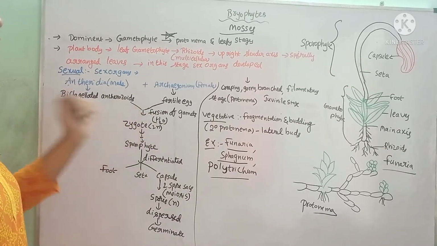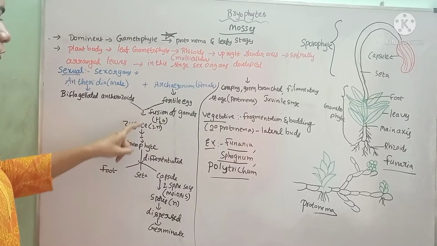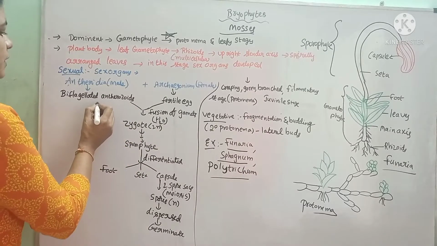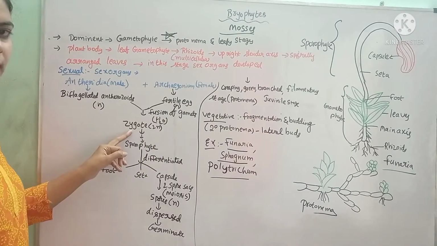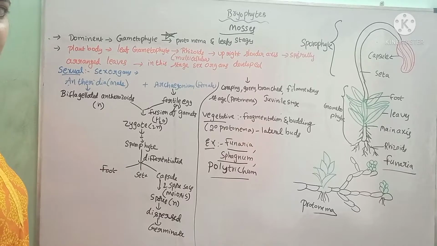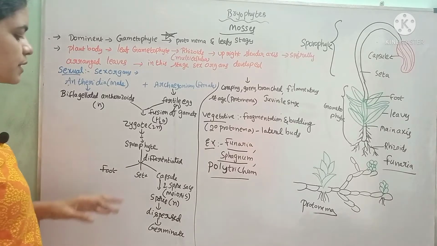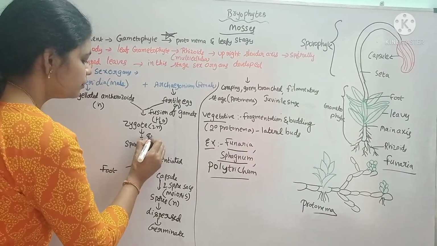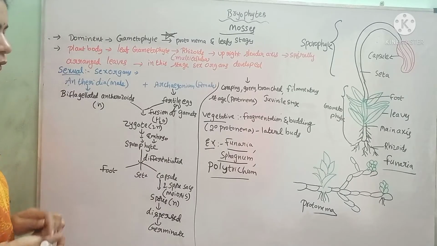For the fusion of these two gametes, water is essential. After fusion, these two haploid gametes form a diploid zygote, and this zygote will not undergo immediate meiosis; instead it undergoes mitosis and produces an embryo, and the embryo further develops into the sporophyte.